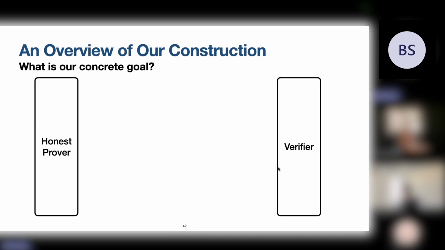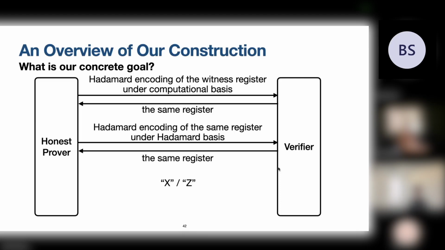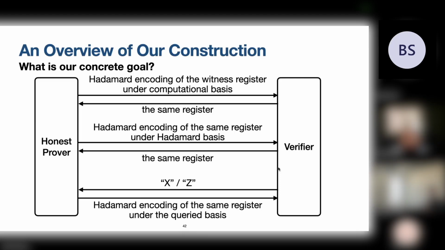So still, we need to make our goal a bit concrete. The framework of our construction has 3 rounds. In the first round, the prover is going to send the verifier a coherent Hadamard encoding of the witness register in the computational basis. And then the verifier is going to access one qubit and send the same message back.